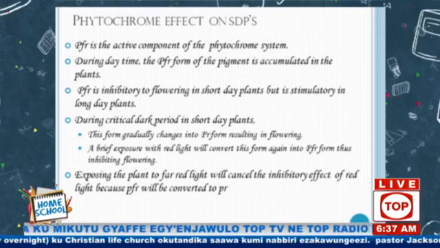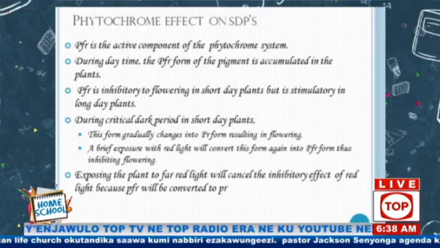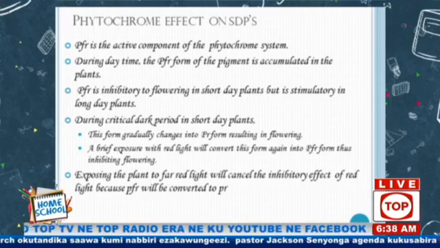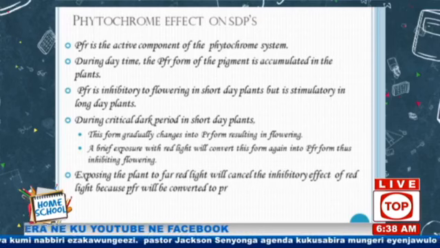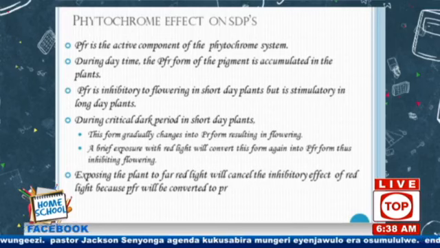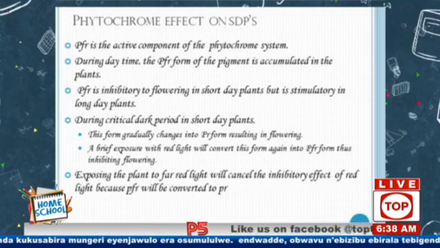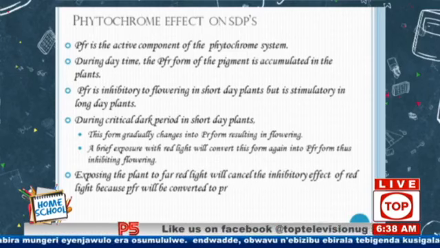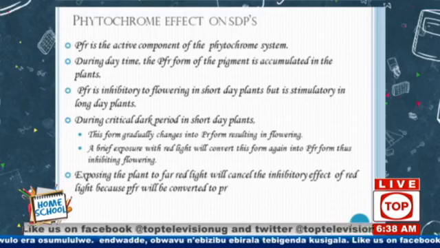A brief exposure to red light converts the phytochrome red back into phytochrome far red, inhibiting flowering. If you expose the plant to red light in this critical night period, you are going to be unable to produce flowers. However, exposing the plant to far red light cancels this effect of the red light because phytochrome far red will again be converted to phytochrome red.